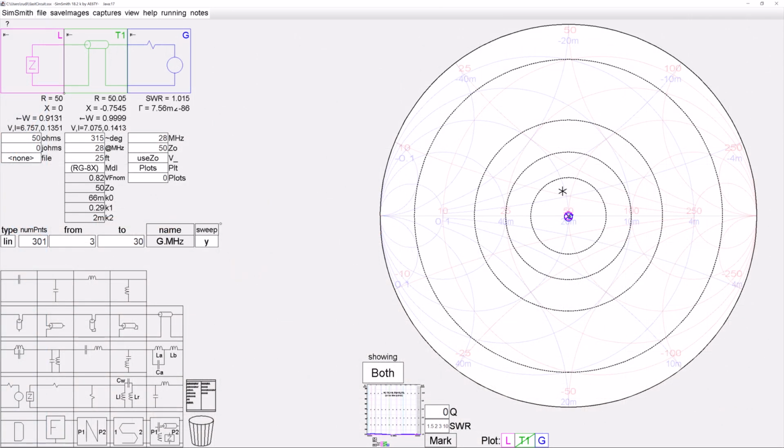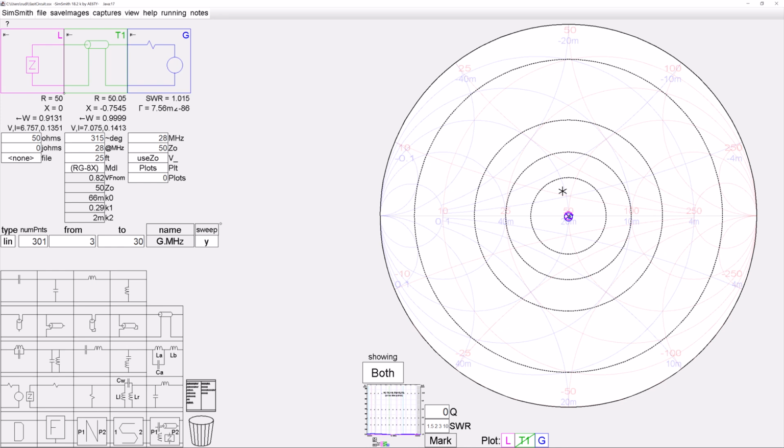And this is what the SimSmith plot of that would look like. Here I've got 1 watt going into the coax. I've got 25 feet of RG8X, 99.999% of the power going into the antenna, and 91% of that power coming out the other end with 50 + j0, perfect load. So that's our starting point.